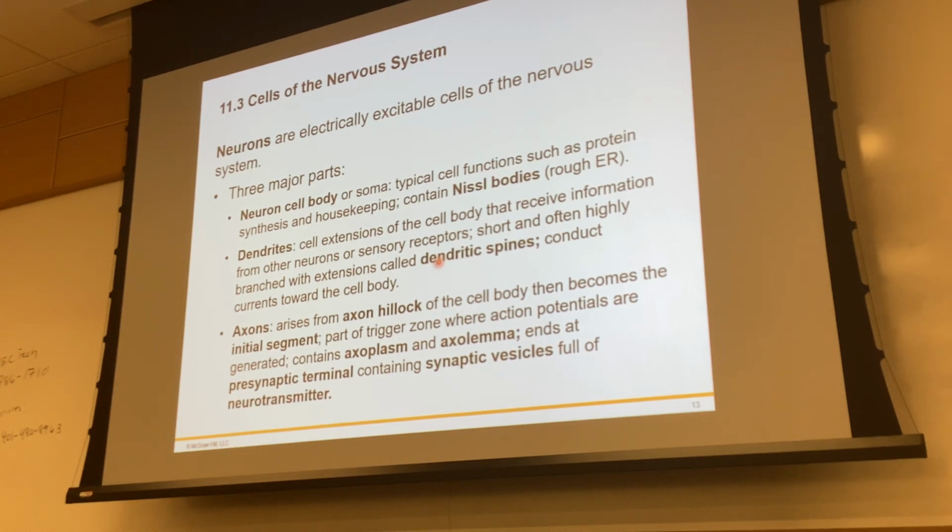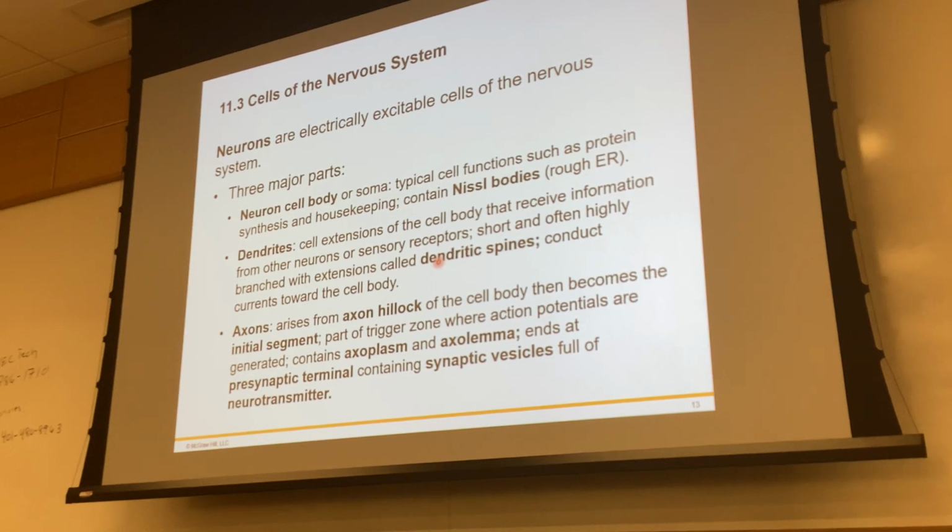When you're talking about neurons themselves, they respond or send signals via electrical activity. These excitable cells have some classic parts. There's the main part of the neuron, the cell body or the soma, and that's the major part of the cell.